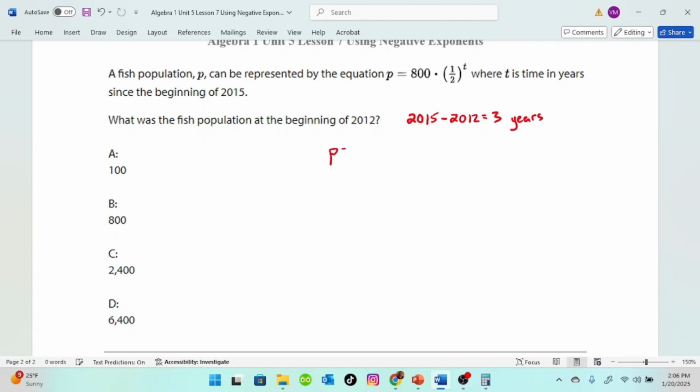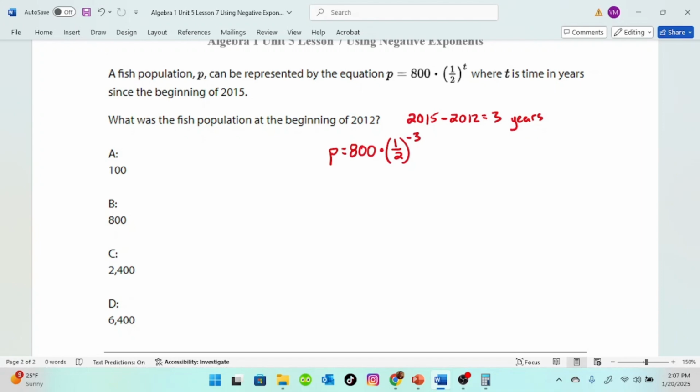So we have P equals 800 times 1/2 to the power of -3. The negative tells us we want the reciprocal of 1/2.